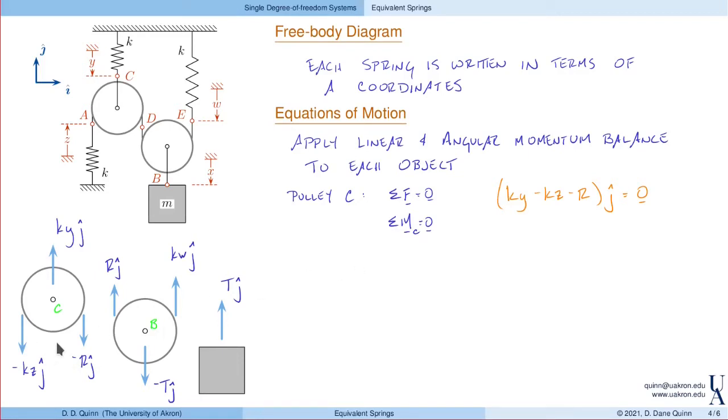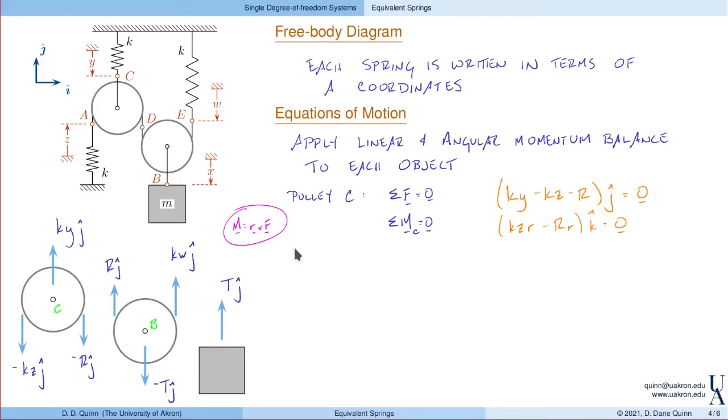Well, again, moments are r cross F. Just to remind you. So the moment on the right is k times z times the radius. And then the moment on the left ends up working out to be minus R, the reaction magnitude, times the radius. And that's in the k direction.